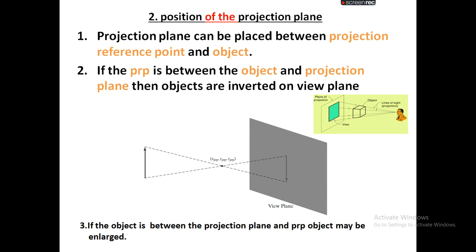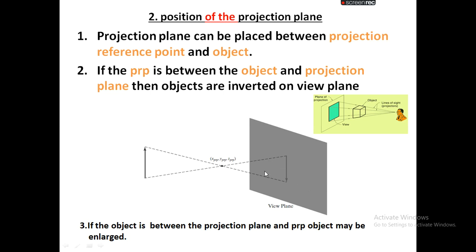When I capture this image using a synthetic camera in such a way that I place the projection reference point between the object and the view plane, then I will get the inverted image on the projection plane. So this is the second position.